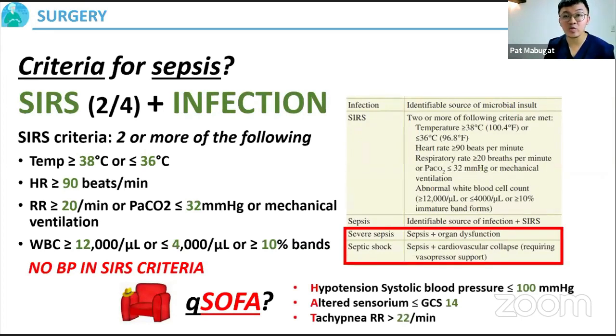Hypotension, less than or equal to 100 millimeters mercury. Altered sensorium, less than or equal to GCS 14. And tachypnea, RR more than 22. Sepsis, that's 20 RR. For Q-SOFA, that's 22. A good mnemonic for that is that there's a hat on top of the SOFA. Hat: hypotension, altered sensorium, and tachypnea.